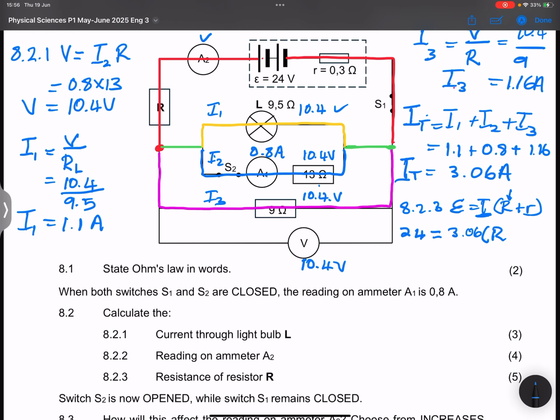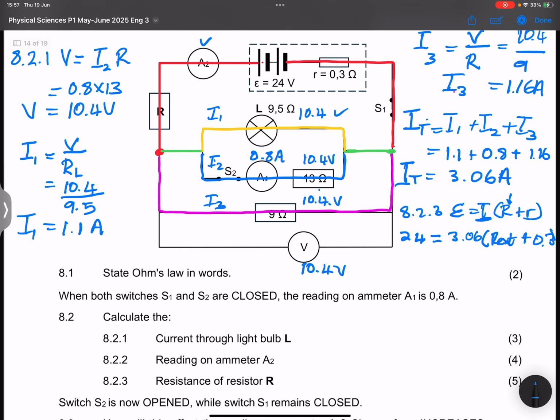So meaning all your resistors combined, the circuit, we don't know what that is. And if you don't mind, I'm just going to say R external, because I want it to be a little bit more distinguished from R being this resistor over there, plus the internal resistance, which is 0.3.